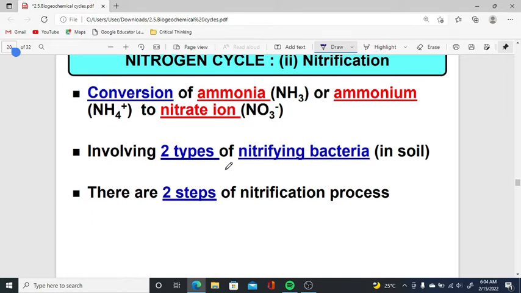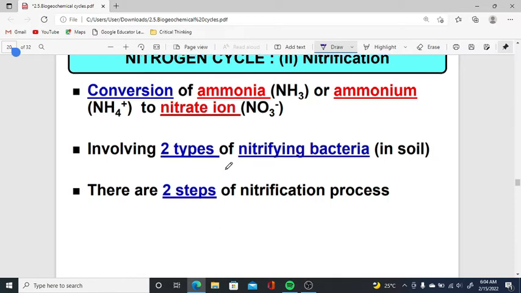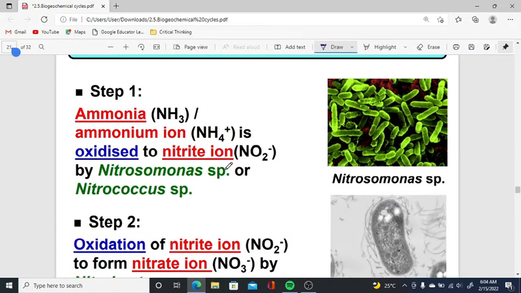So there are two types of nitrifying bacteria, and also there are two steps of nitrification process. Okay, yang pertama, ammonia or ammonium is oxidized to nitrate ion. Contoh ammonia ataupun ammonium, dia akan oxidize oleh siapa?